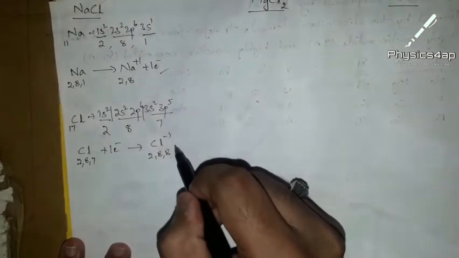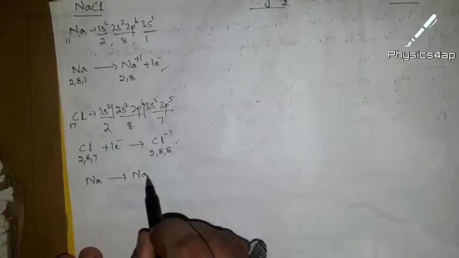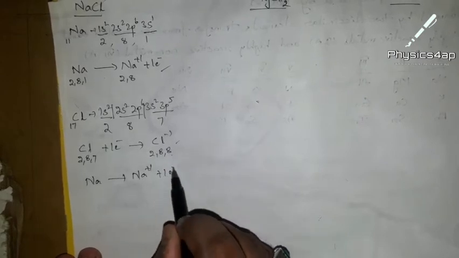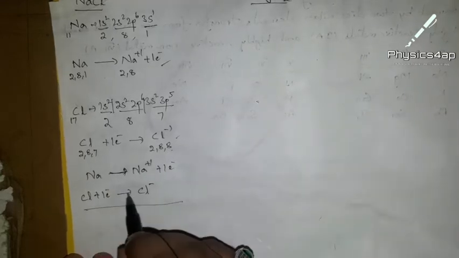Now when you combine these two equations, Na gives rise to Na plus plus 1 electron, and chlorine plus 1 electron gives rise to Cl minus. Like how we solve linear equations in mathematics, the same thing you need to do here. So 1 electron gets cancelled.